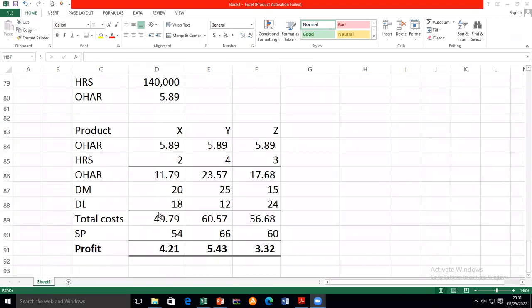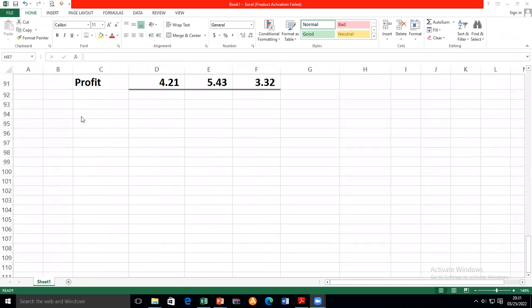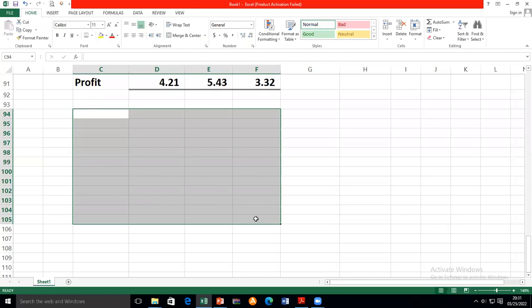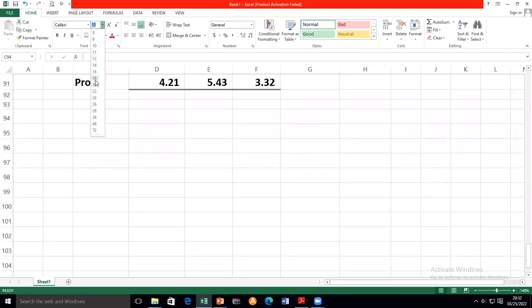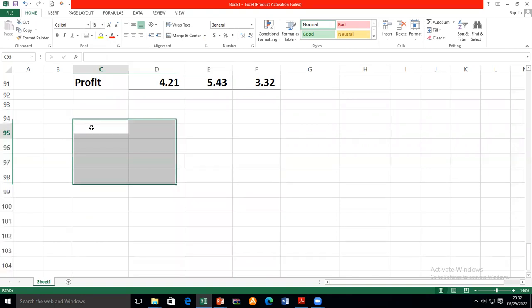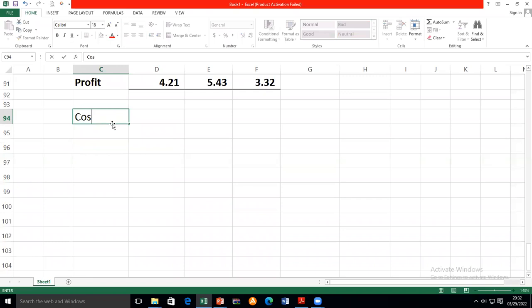So now let's do our analysis, please. Let's all pay attention so that we are comfortable with the process. So here's our working area. That's the first thing that we do. We're going to have the cost pool, and we're going to have the cost, and then we're going to have the number of drivers.